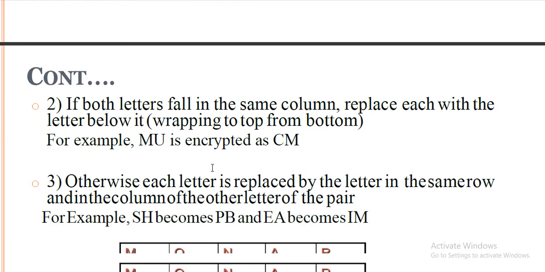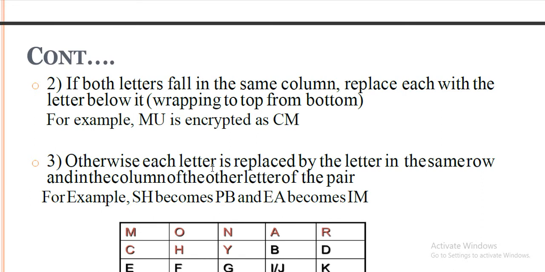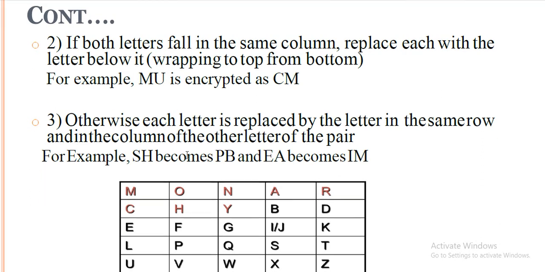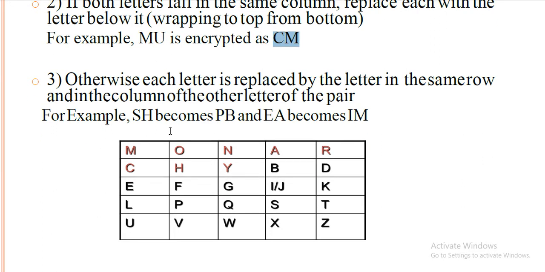Now suppose we go further, right? M and U, see over here, M and U. If we have a pair MU, that is going to be encrypted as CM. So if we write down MU, then our ciphertext becomes CM, right? How does it become that? Firstly, just find out where M and U are in our table.